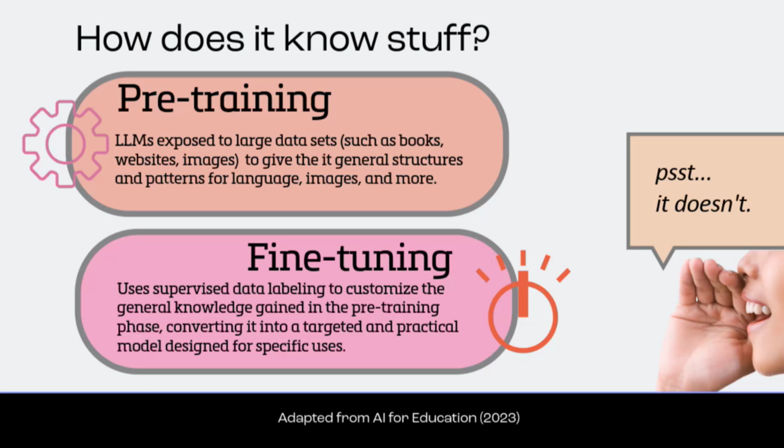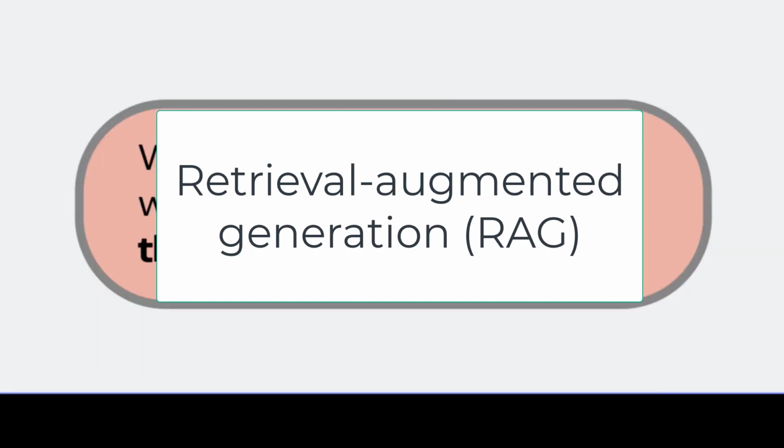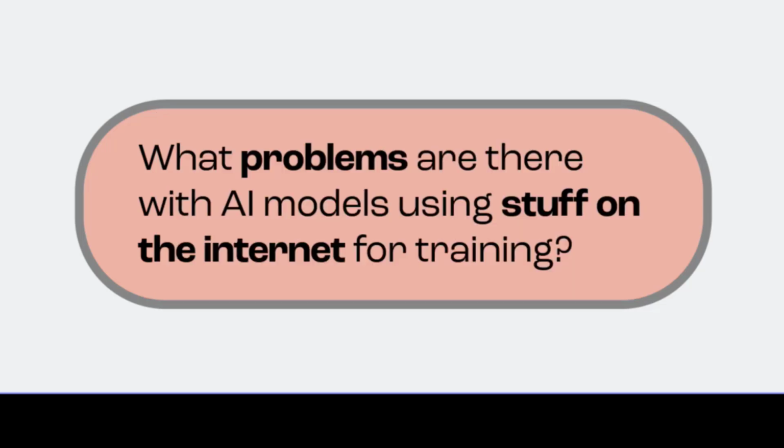In some of the examples that we're going to see, these large language models aren't just searching across the internet for words and training on those, but they're actually looking at a defined set of resources to answer your question and generate those words. That is the retrieval augmented generation model that we'll be seeing in the examples today.